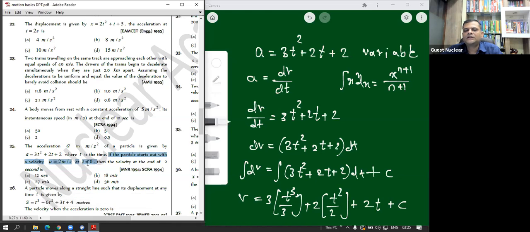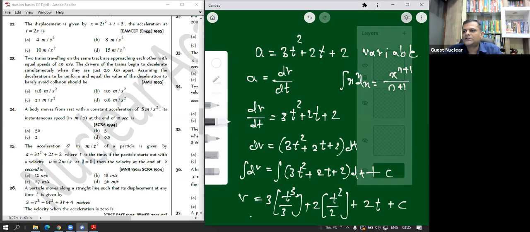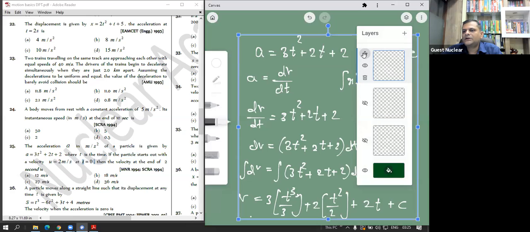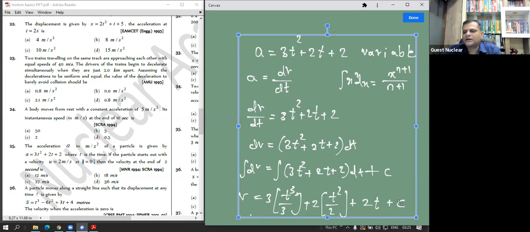That means the velocity of the particle is given to be 2 meter per second when time t was 0. So we can use these values here. That means when time t becomes equal to 0, the velocity v is going to be 2. That is what we have to understand.